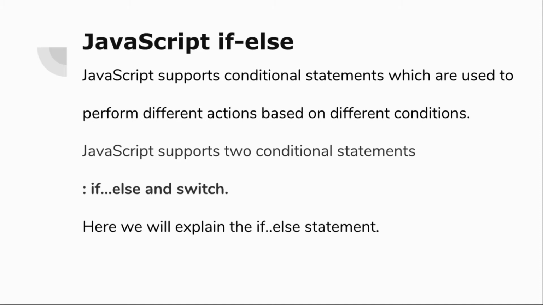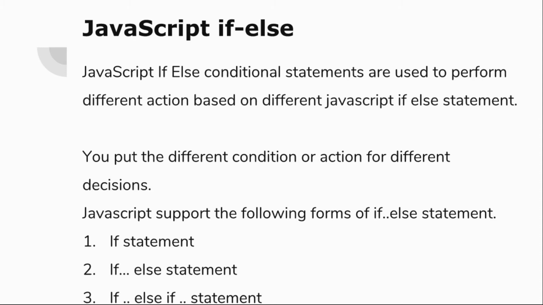JavaScript if-else. JavaScript supports conditional statements, which are used to perform different actions based on different conditions. JavaScript supports two conditional statements: if-else and switch. Here we will explain the if-else statement, and the switch statement we will cover in the next few videos.